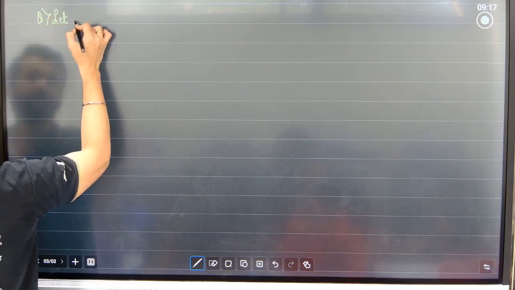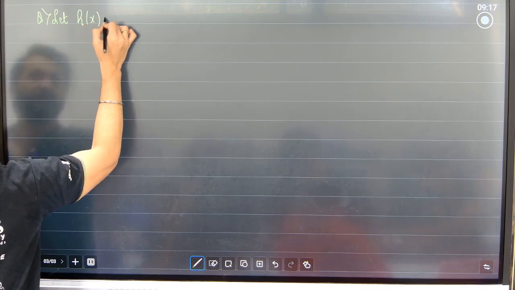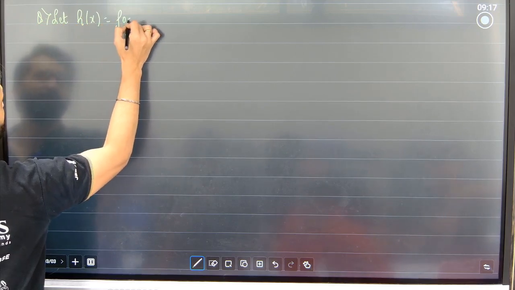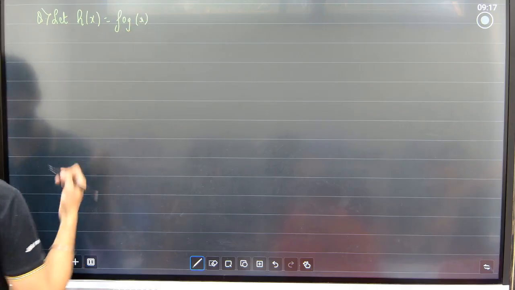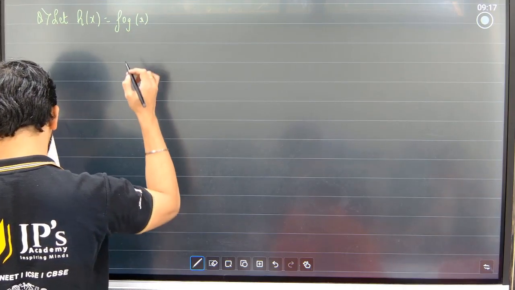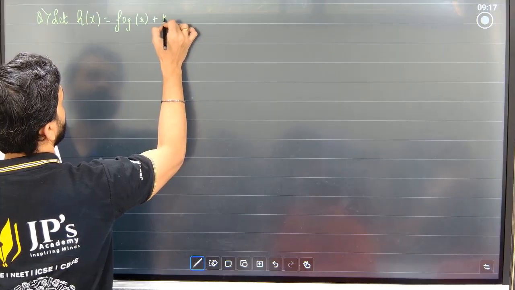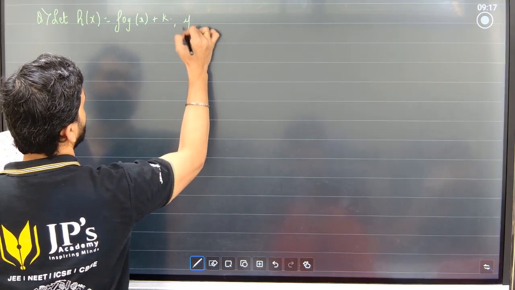Let h of x is equal to f of g of x plus k.